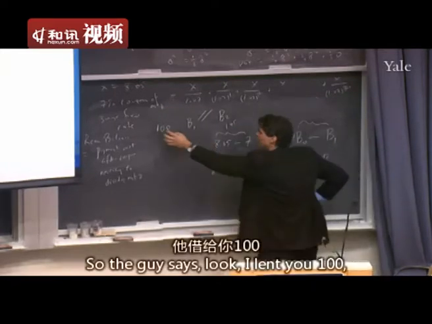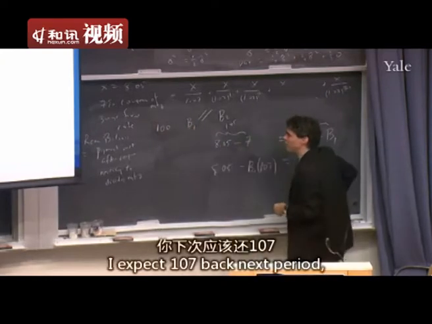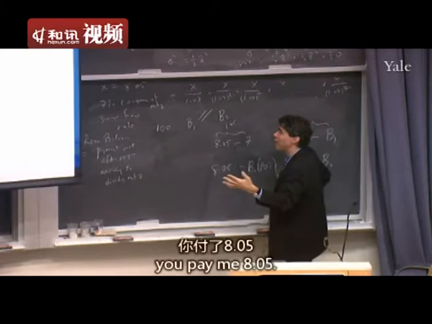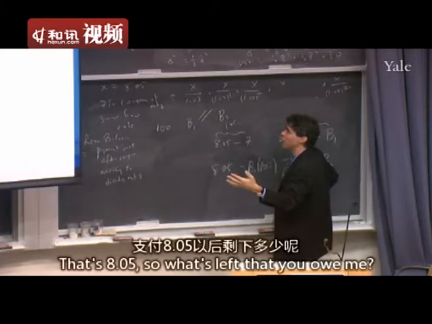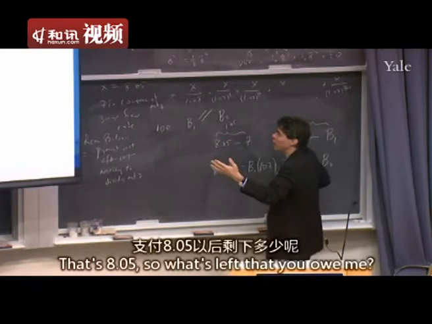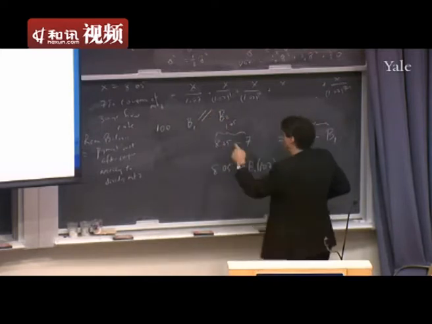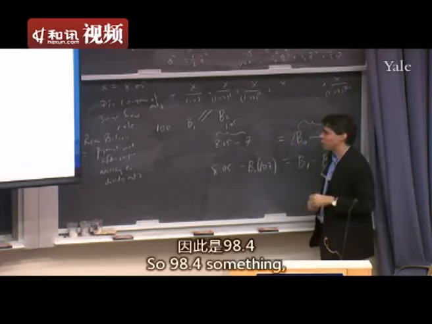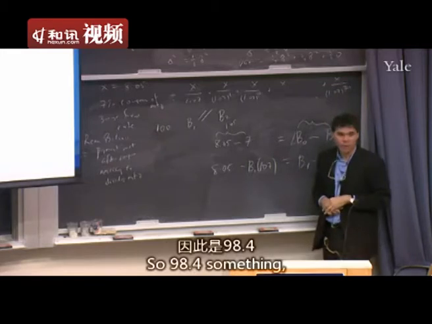So the guy says, look, I lent you 100. I expect 107 back next period. You pay me 8.05. So what's left that you owe me? It's 100 minus the 1.05. So 98.94 something.